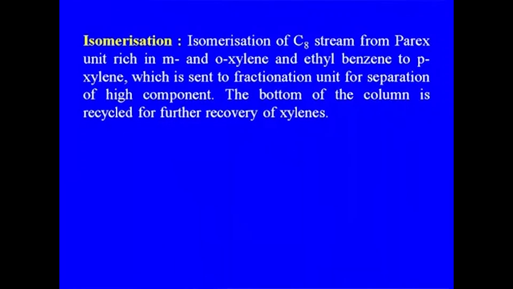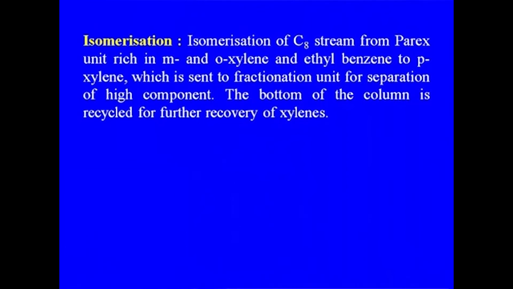Another method for separation of paraxylene is the crystallization process, and we are using this process also in some plants. Reliance is using the crystallization process for the separation. Other units have the Parex unit for the separation of paraxylene. Then the isomerization and the dealkylation are also part of many refineries.